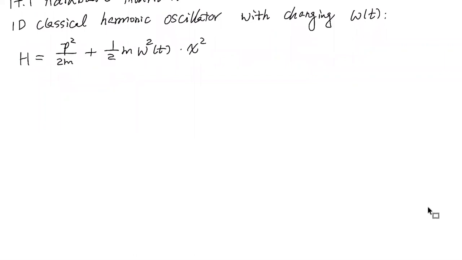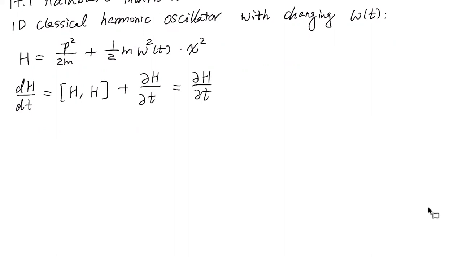So in lecture 1, we talked about the equation of motion. If we study dH/dt, we will have {H, H}, the classical Poisson bracket, plus ∂H/∂t. And this is, of course, simply ∂H/∂t.